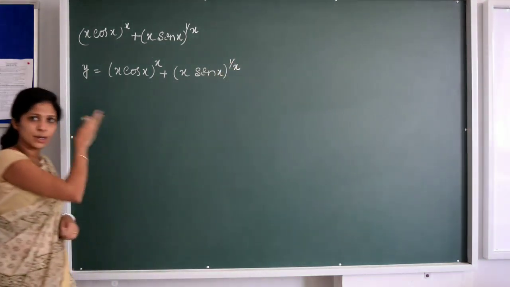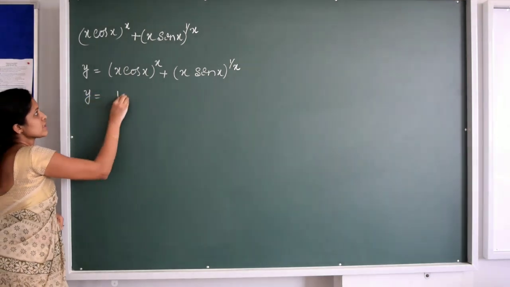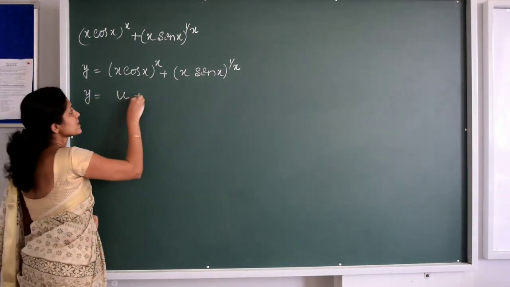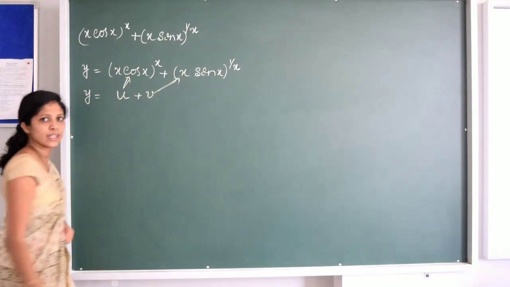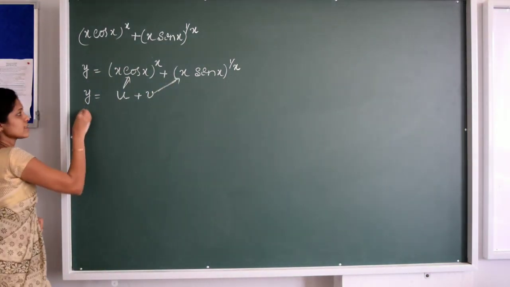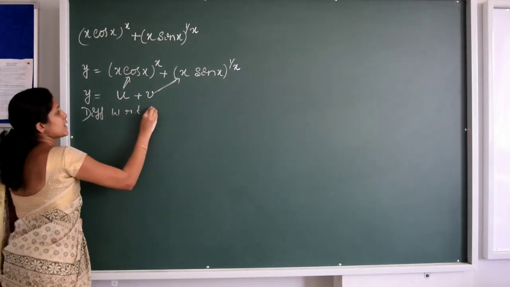Okay, similar to the previous problem. See here what you have to do, just y is equal to, consider this as u, directly I'll write, plus v. What is u? This is u, and this is v. Now we'll differentiate this one with respect to x.